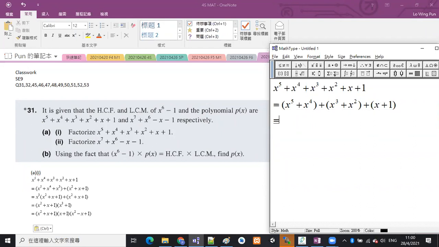Then in each group we can take out a common factor. So x^4 times x plus 1 plus x squared times x plus 1 plus x plus 1. And then x plus 1 is the second layer of common factor. So we take out x plus 1. And the remaining factor is x^4 plus x squared plus 1.